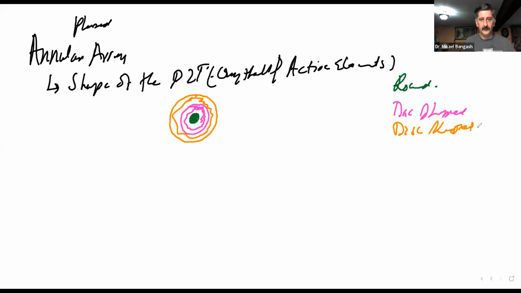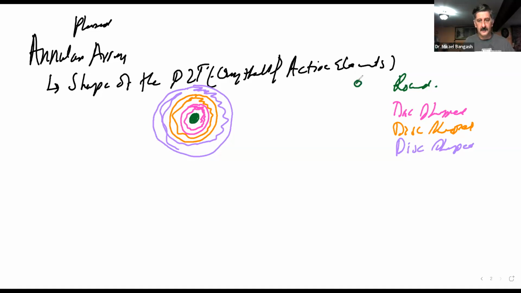We can even have another PCT or crystal that surrounds it, disc shaped as well. So the central one, which is the smallest in diameter, is round, whereas the other ones are disc shaped.